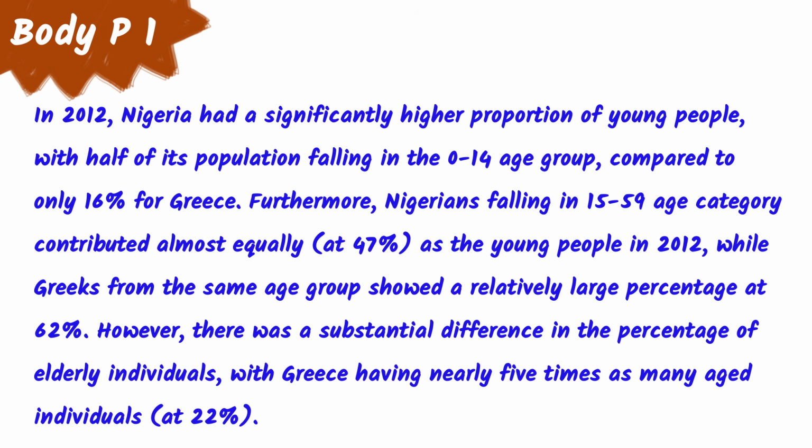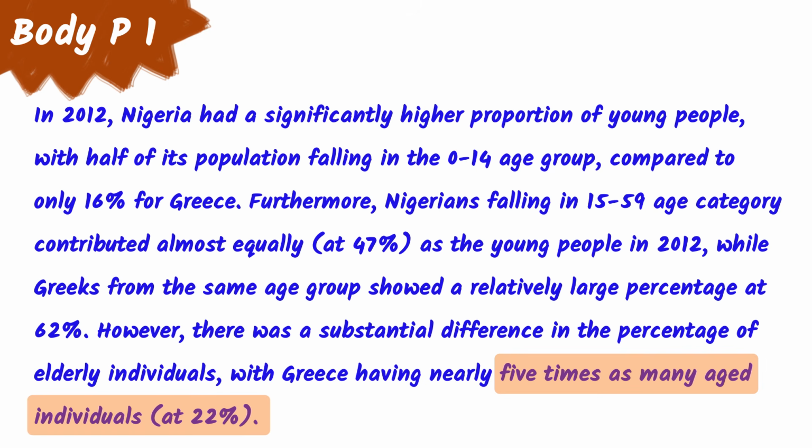So, I have done a pretty good trick here. And what's that? I haven't put the percentage of elderly Nigerians here, which is 4%. What I've done here is I've written 5 times as many aged individuals. And I've put the percentage of Greece in parentheses.